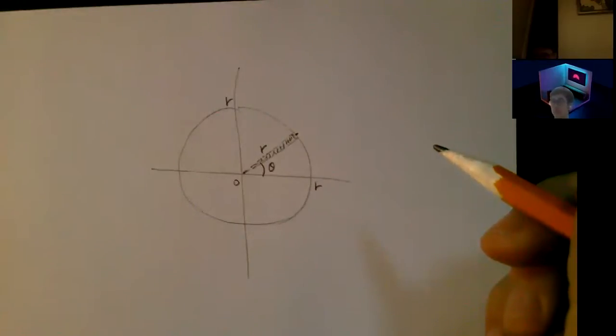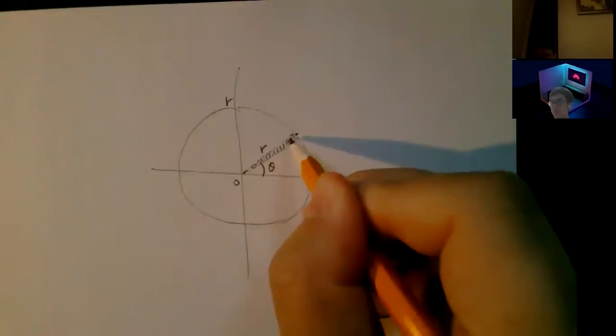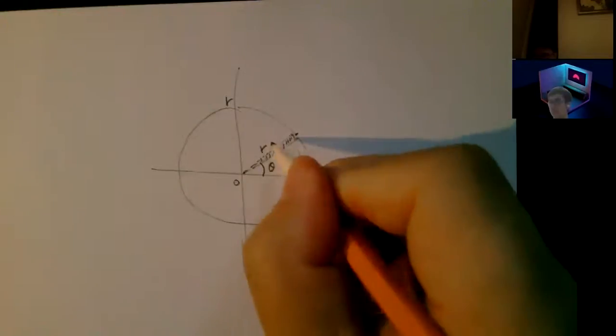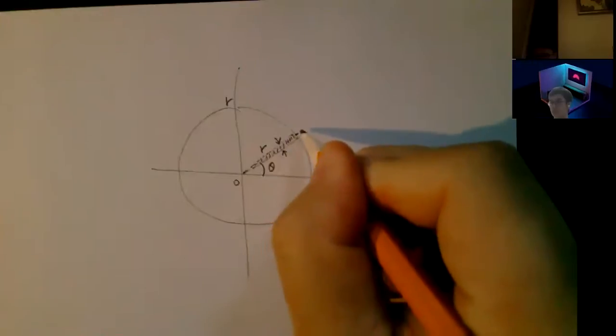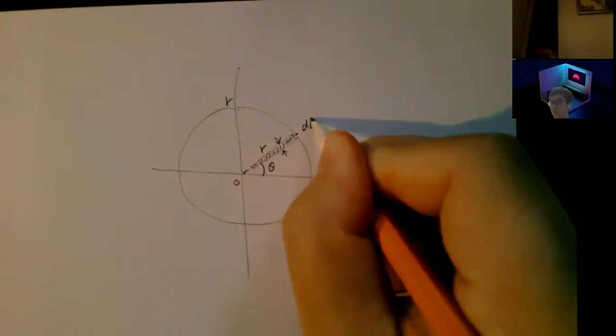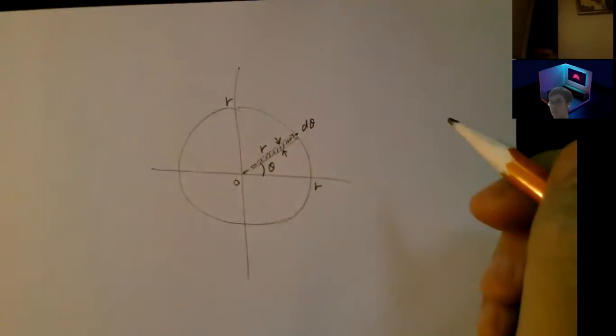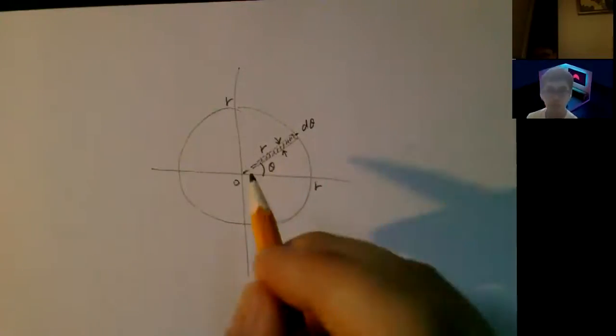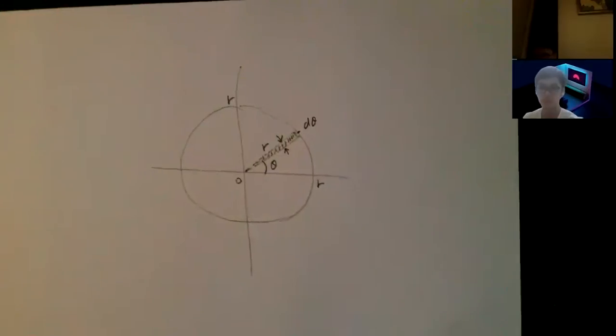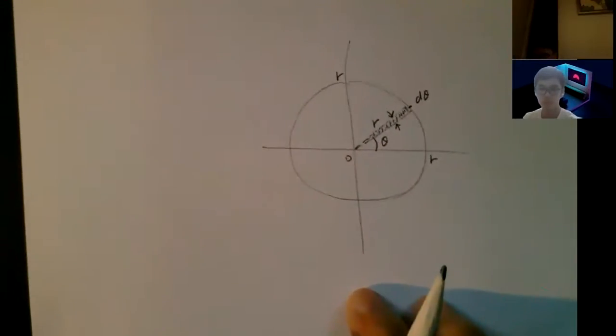So how to write this slice? Of course, in this case, this angle is delta theta, correct? So how to write this tiny slice area?